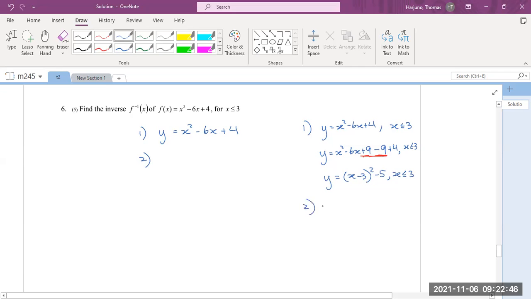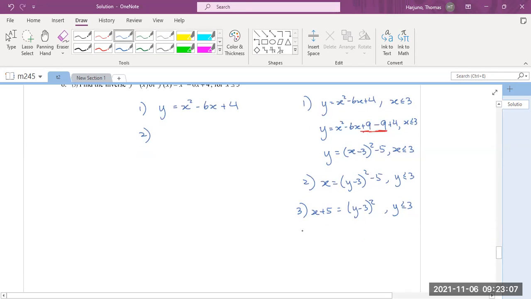When I swap, x becomes y, y becomes x. So x plus 5 equals (y minus 3) squared, where y is less than or equal to 3.